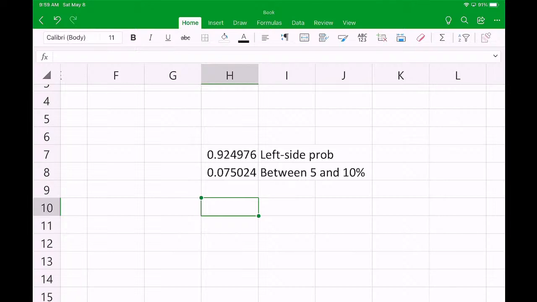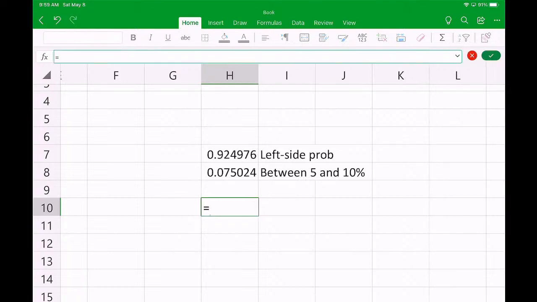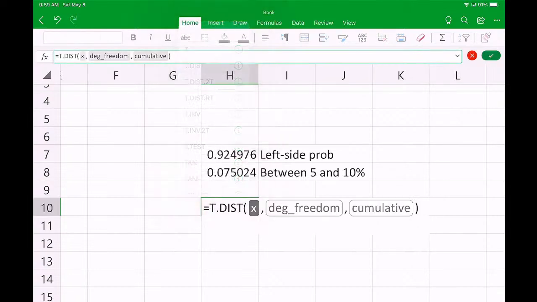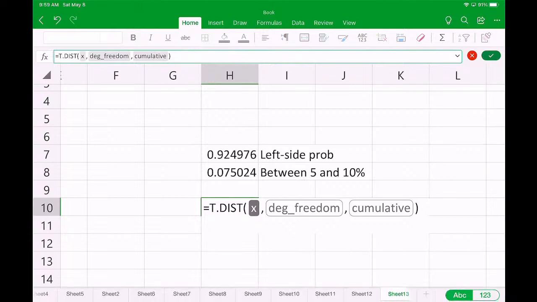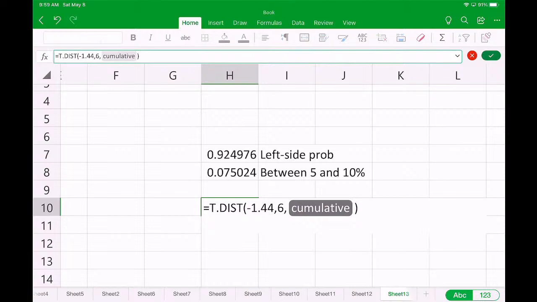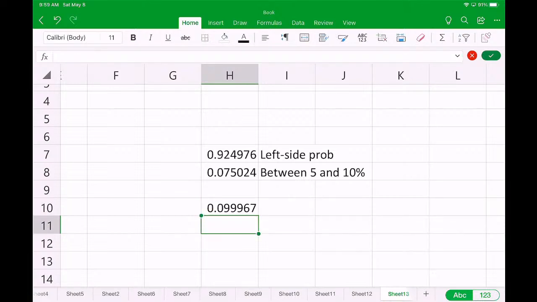So let's do equals t distribution, and then here we're going to put negative 1.44. The degrees of freedom is 6, and we want cumulative. So this would actually give us our answer right away, 10%, if you round it to 2 decimals.